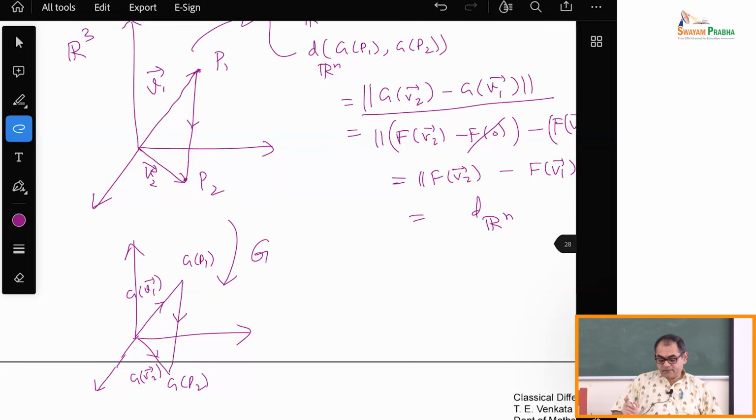And notice that it is important that 0 goes to 0 under G. Okay, so this is how this picture looks like.